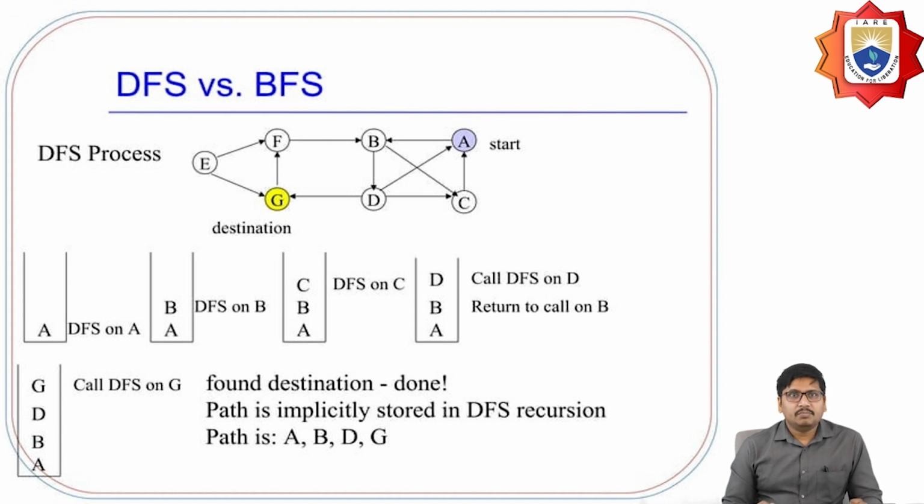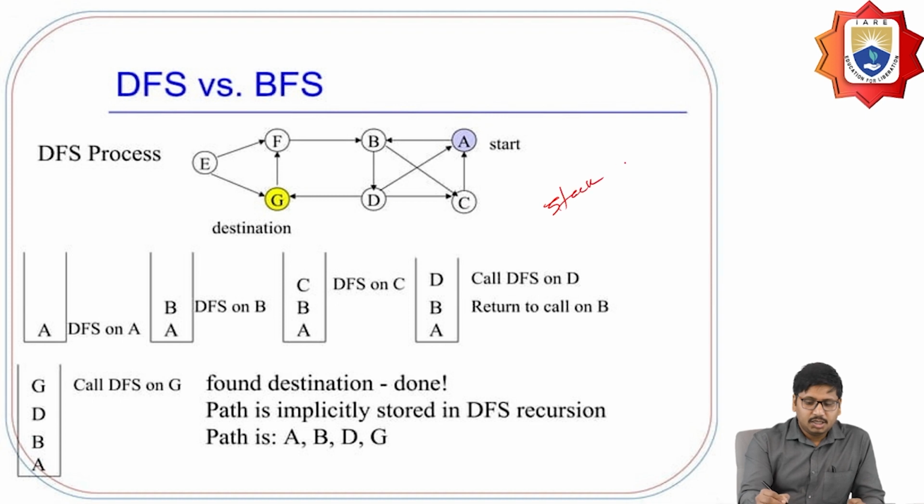Normally for the implementation of DFS, we need a data structure called a stack. In this diagram, I'm going to start here. Initially I push the starting node into the stack. What are the nodes connected to A? That should be B only. So I push B into the stack.